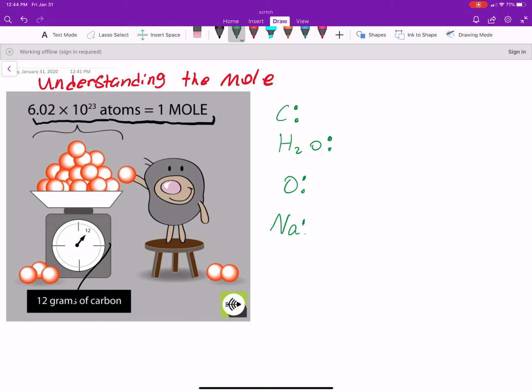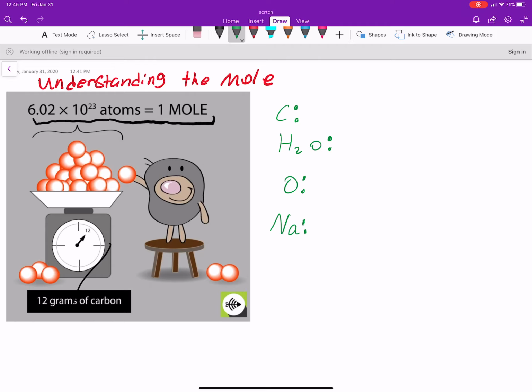It's not necessarily how much something weighs. So a mole of carbon might be more or less than a mole of oxygen, or a mole of sodium, or a mole of lead, or whatever you'll have. So just keep in mind that just because you have a mole of carbon and a mole of oxygen, that doesn't mean they weigh the same. And that gets into molar mass, which we'll talk about in a little bit.